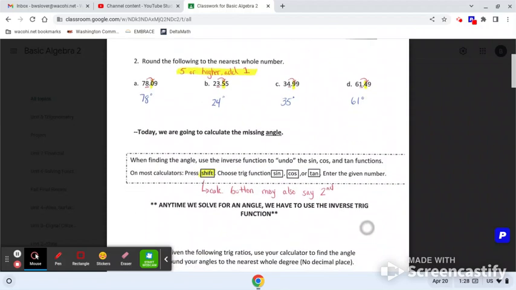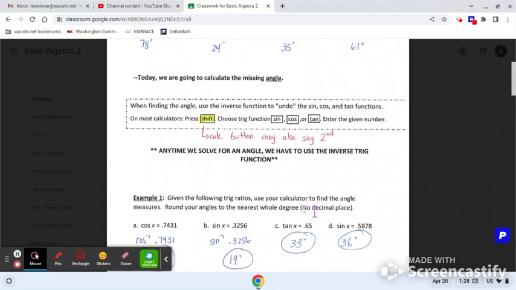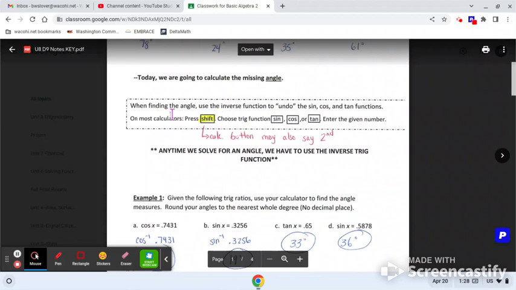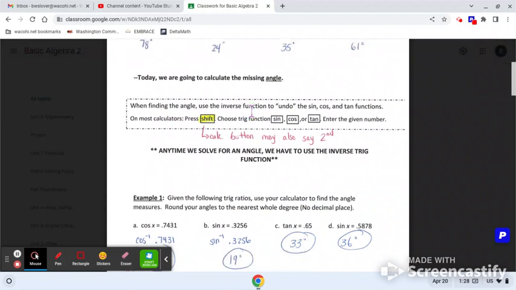Today, you are going to calculate the missing angle. And this blob right here is just how you're going to use your calculator. When finding the angle, you're going to use the inverse to undo the sine, cosine, and tangent functions. On most calculators, so notice it says most, it doesn't say all, you will press shift.